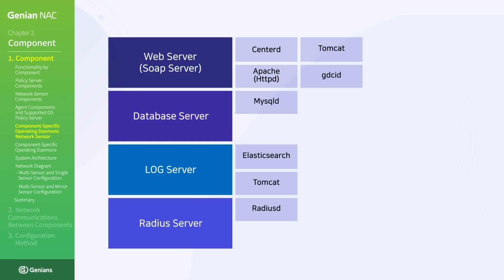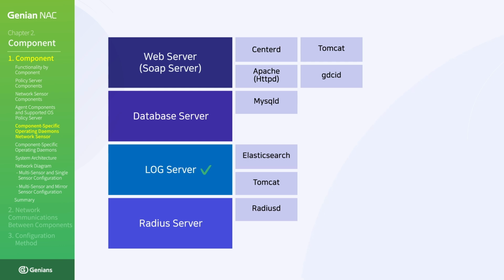On the policy server, daemons operate based on its 4 components. 1. Web server. To perform policy management and act as the web console, the following daemons are executed: Centered, Tomcat, Apache, and GDCID. 2. Database server. The MySQL daemon, a relational database, is used. 3.